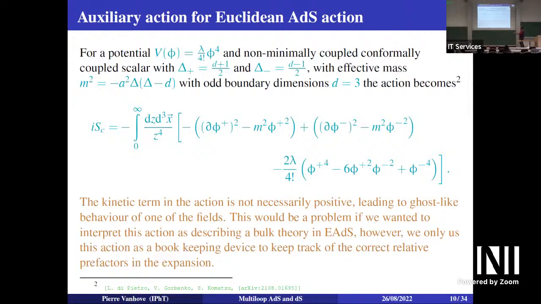I will have to say something about the renormalization because, of course, we have to pay attention to renormalization. But so far, for any conformally coupled scalar in d dimensions, I write it for d equals 3, but for every d that is odd, the action takes this form.